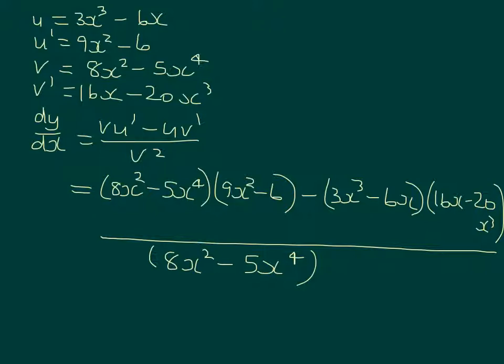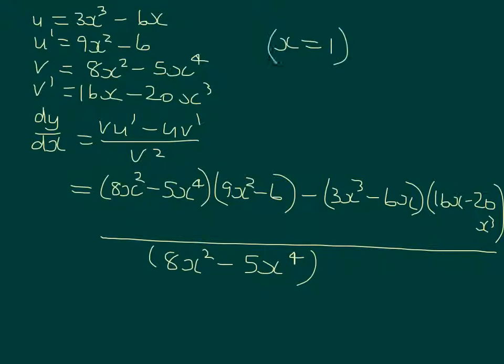Now that's quite a complicated, long derivative. Do we want to expand that out? We don't need to. The question isn't asking us to find the derivative in simplest terms. It's not leading on to another question. All we need to do with that is to substitute in the value of x, because this is the gradient of the whole curve, but we only want it when x equals 1.